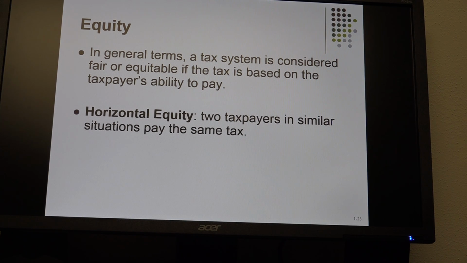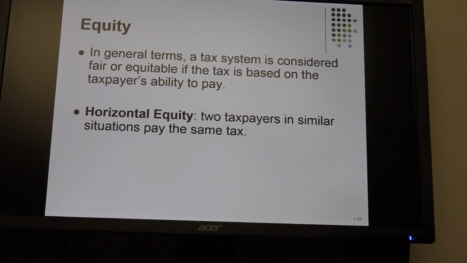Two types of equity involved: horizontal equity. Here you're comparing two taxpayers in similar situations, and equity says that two taxpayers in similar situations should pay the same exact amount. However, in our current system, that's not always true, because let's say you've got two taxpayers who make $40,000 of taxable income.